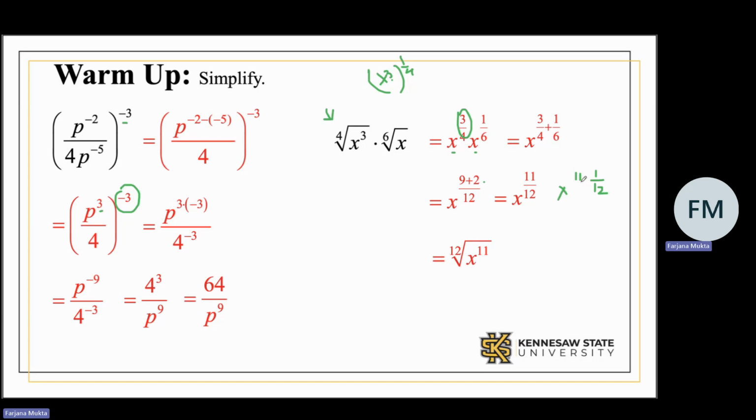If we apply the 11 first, we'll have x to the 11 on the top, and 1 over 12 means a 12th root of x to the 11. So if we end up with a rational exponent like this, we can convert it to root form. I hope it makes sense.